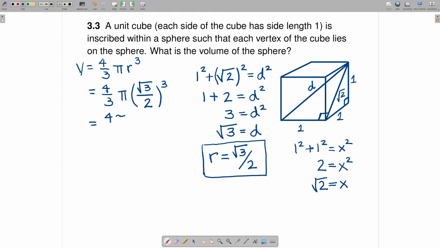So we get a 4 and a pi and a 3 times the square root of 3, all up in the numerator.